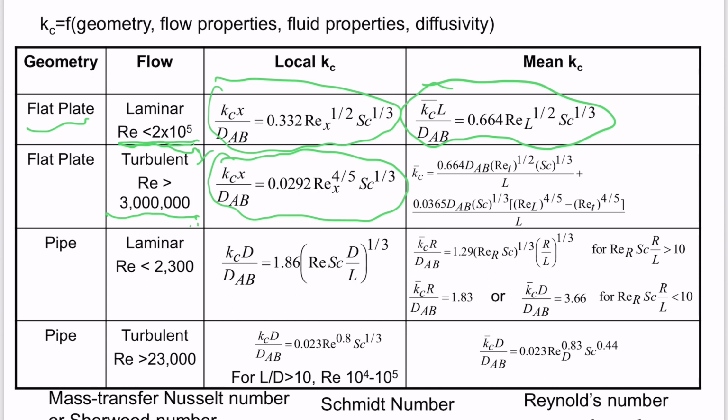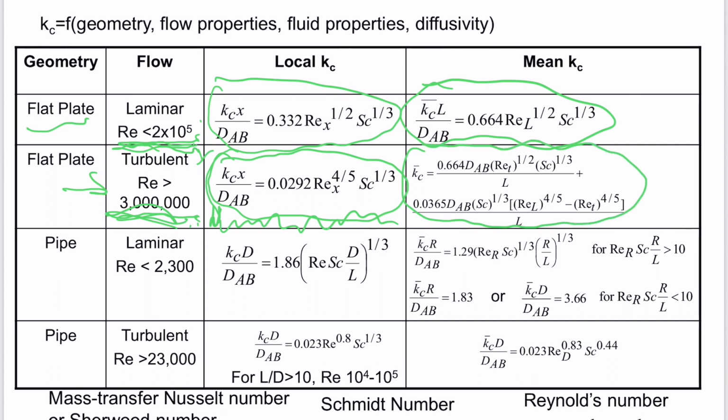What do you do between 200,000 and 3 million? I would say you could just use 200,000 as your transitional value, and you could go ahead and use this here. We'll see if Dr. Babincy agrees with me. Okay, so this one here gives you the local convection coefficient, and this one gives you the mean.